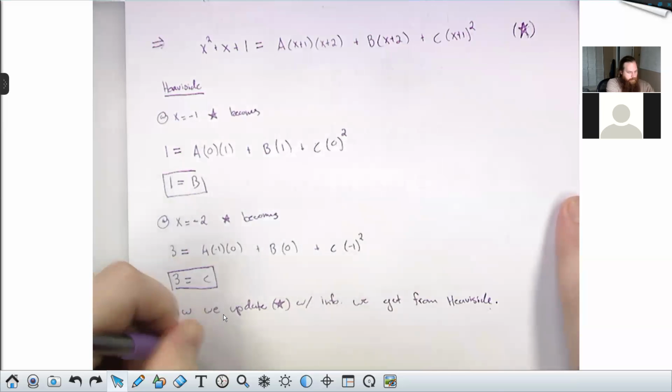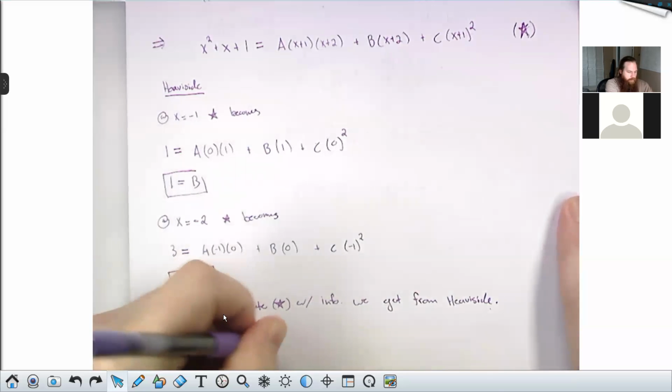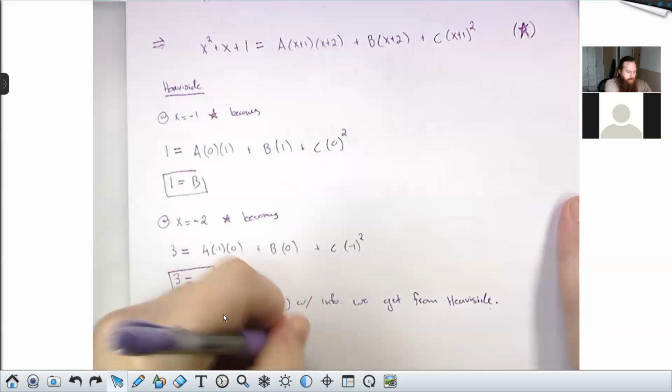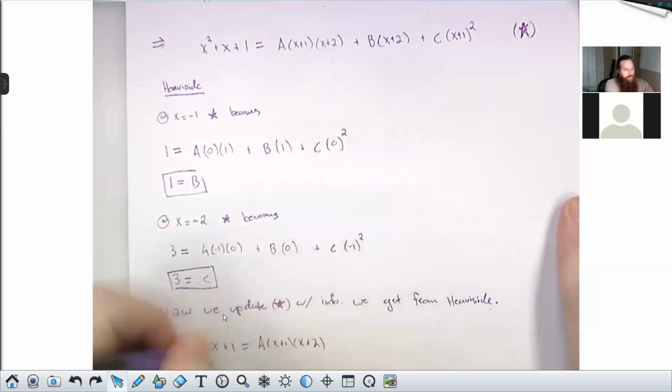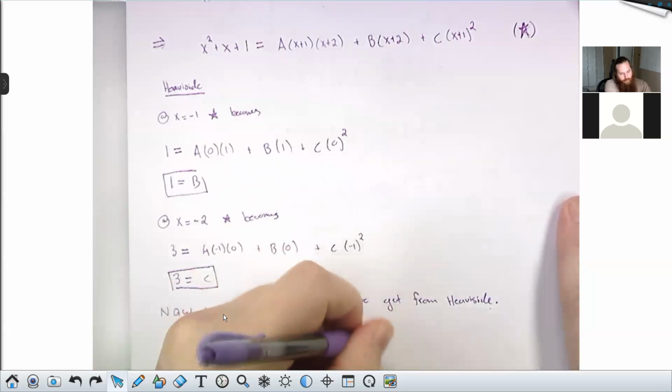That will become x squared plus x plus 1 equals a times x plus 1 times x plus 2. And I don't know what a is yet, so I can't do anything there. But I know that b is 1, so this will just be plus 1 times x plus 2.